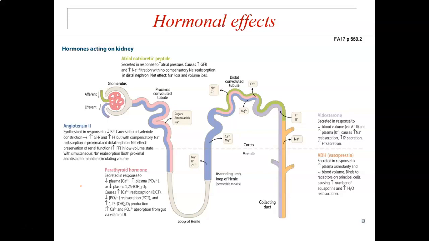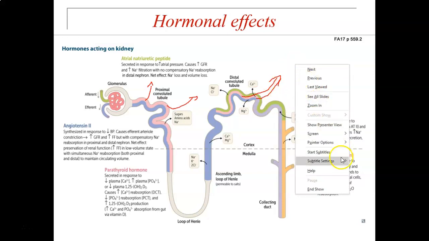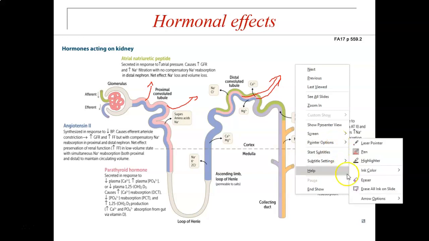So we can see where that impact takes place, along the proximal convoluted tubule as well as along the distal convoluted tubule. It increases the permeability of calcium, therefore more calcium is reabsorbed. Again, that's the parathyroid hormone or parathormone.